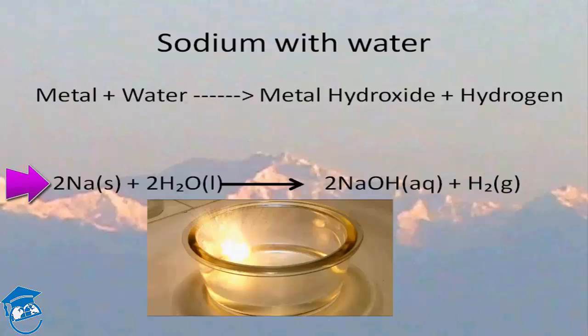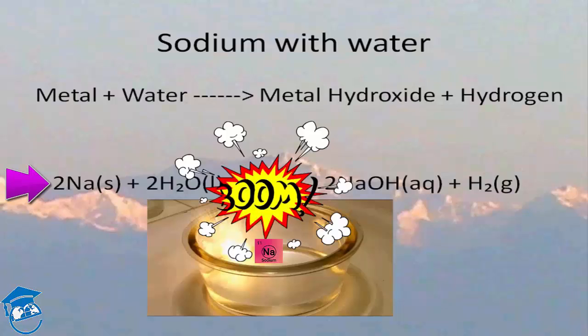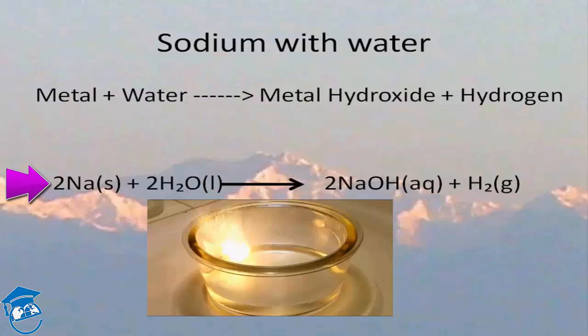So you can see here, when a chunk of any alkali metal, let's say sodium, is put in the water, it causes an explosion because the metal dissolving generates an extreme amount of heat due to the transfer of electron from sodium to water. But this reaction for the preparation of hydrogen is not preferred.